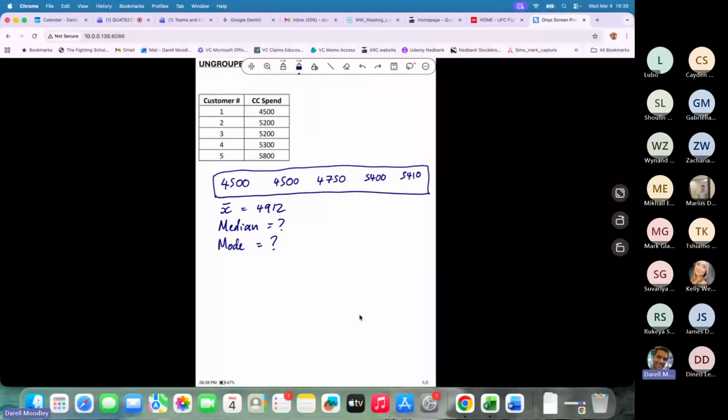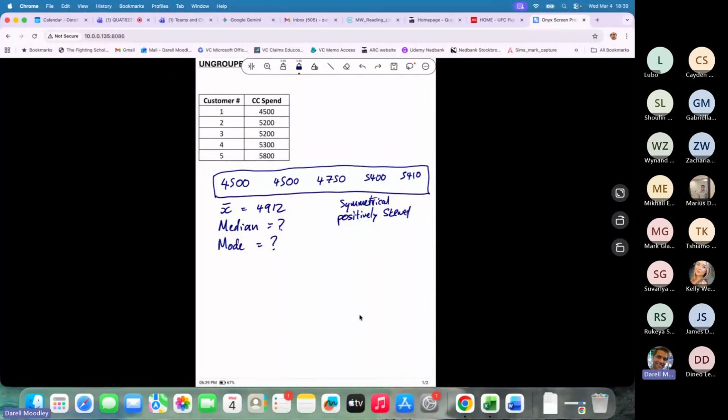And once you've got that, tell me what shape the distribution is. Is it symmetrical? Is it positively skewed? Or is it negatively skewed? Those are your options: option 1, option 2, or option 3?